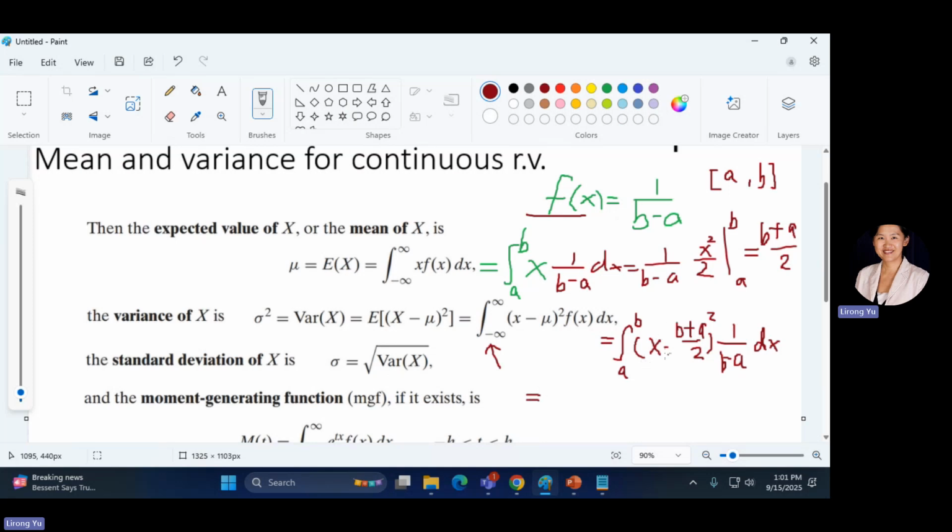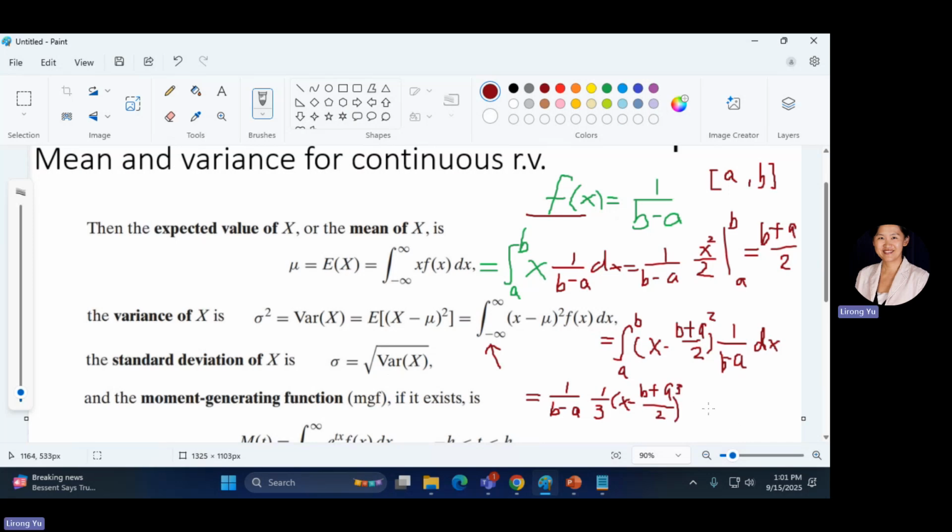All right, so we integrate this. Integration of a degree 2 function gives degree 3. So you have 1 over b minus a multiplied by 1/3, since x squared integrated is x cubed over 3. So there's x minus b plus a over 2 to the power 3.